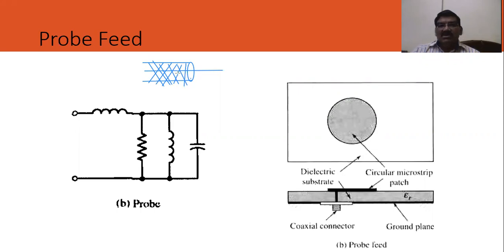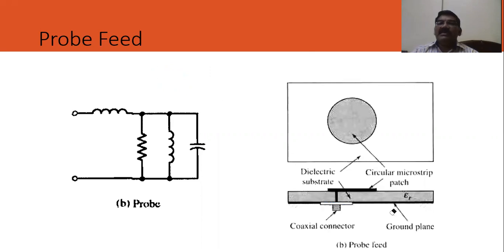This shielding structure is connected to the ground plane, and the center conductor is connected to the patch. So this is called the probe feed technique.